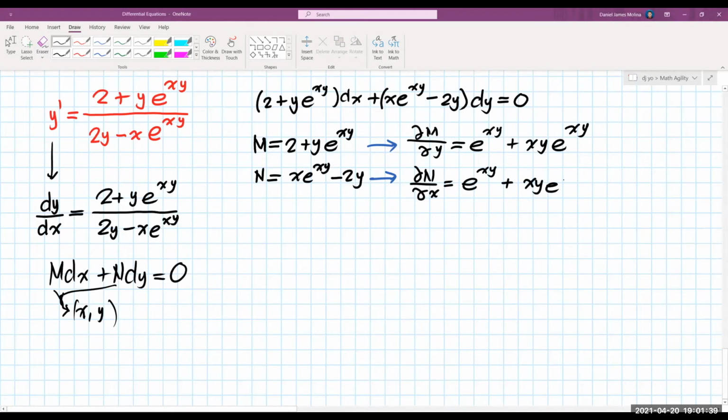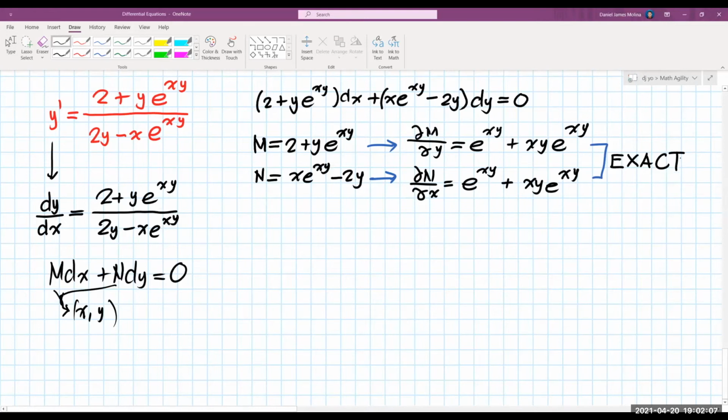Of course, negative 2y is a constant when taking the partial derivative with respect to x, and the derivative of a constant is 0. Note that the two partial derivatives are equal. Once the partial derivatives are equal, the differential equation is exact.